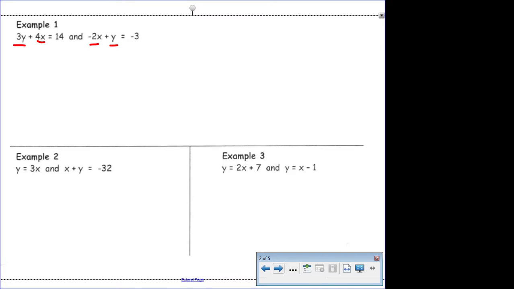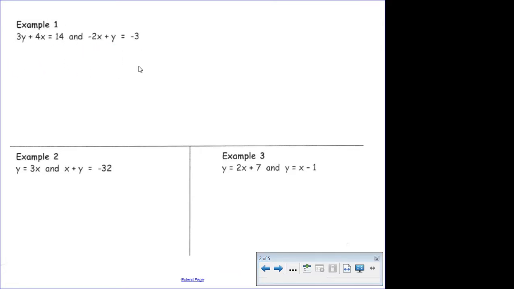So, what would I do to get the y by itself in the second equation? By the way, I like to draw a line down the middle like that. I would add 2x to both sides, and I have y equals -3 plus 2x.